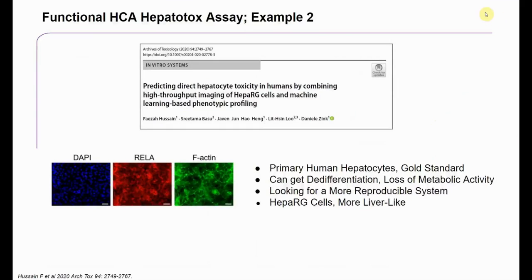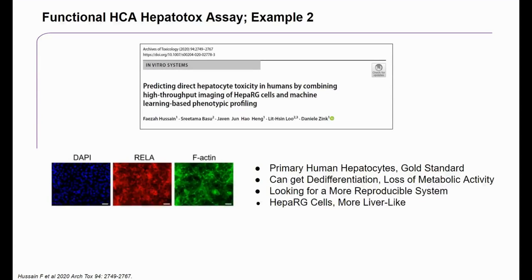The next example is a more recent paper from Litzin Liu and Danielle Zink at A-Star in Singapore. And this is also a hepatotoxicity assay. There, the problem they were looking at is that at this point, the gold standard cell system for hepatotoxicity is primary human hepatocytes sourced post-mortem.